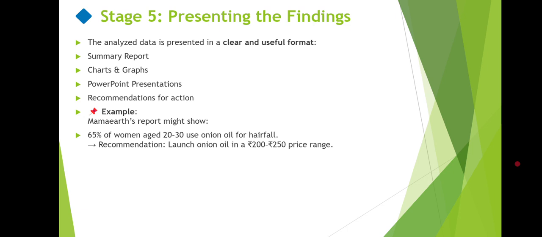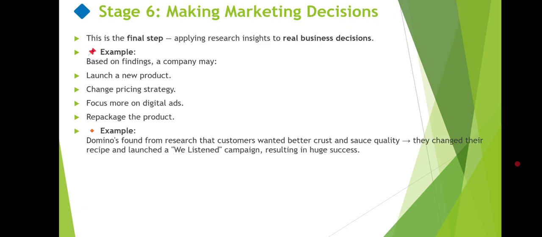For example, a Mamaearth report might show 65% of women aged, in the particular age group we have taken, 20 to 30 use onion oil for hair fall, and this is the recommendation after doing the research: launch onion oil in a 200 to 250 price range. This is affordable for the customer.